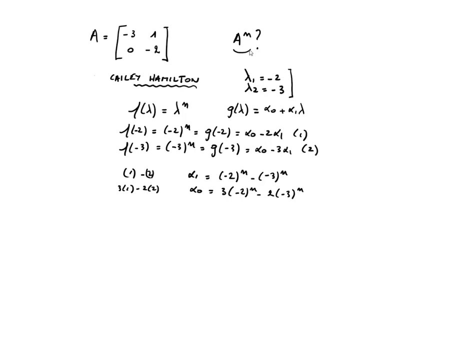And so f of A, that's A to the power n, is equal to g of A. So this is 3, and what I'm writing here is alpha 0.